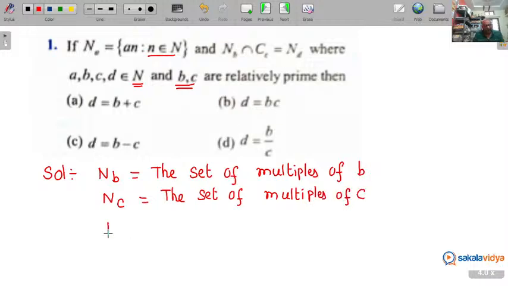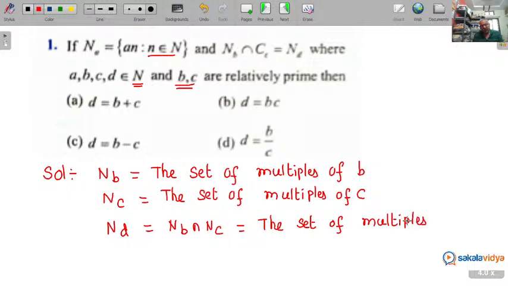Now N of d is equal to N of b intersection N of c. This is equal to the set of common multiples of both N of b and N of c, common multiples of b and c.